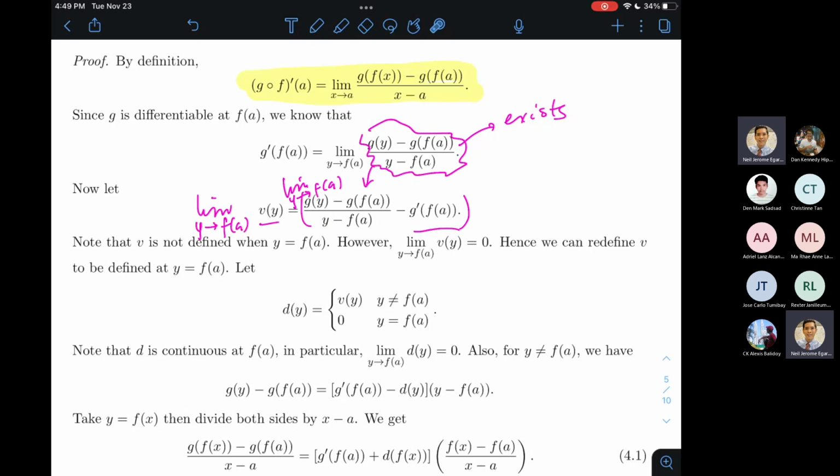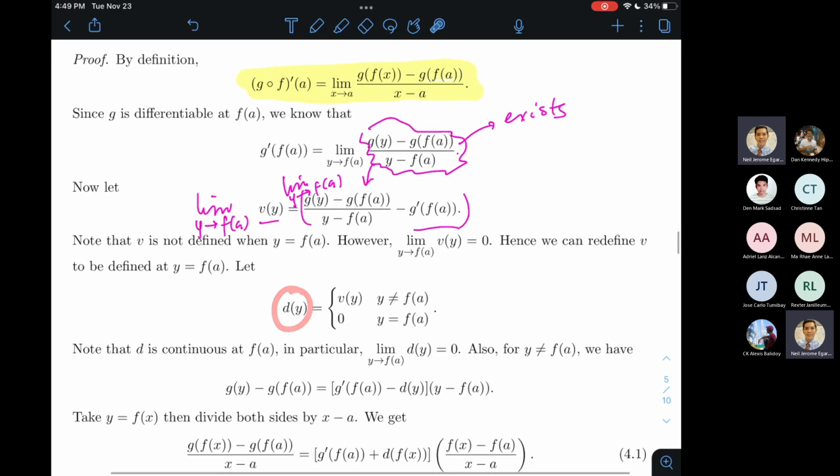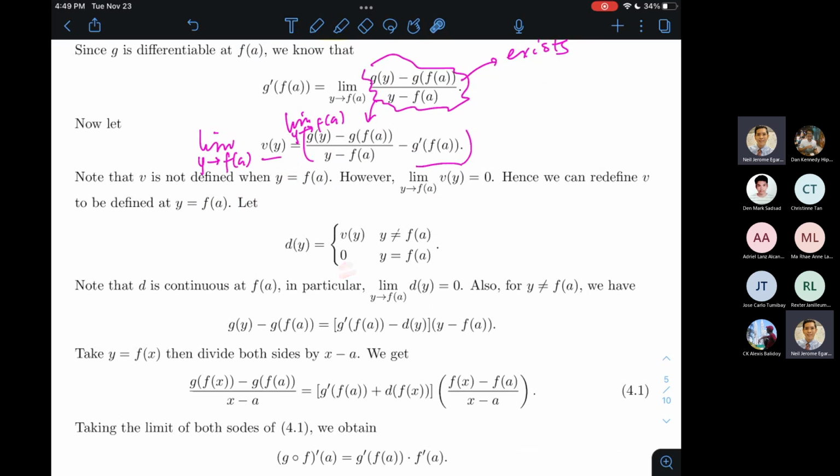But that can easily be remedied by redefining it to a function d, right? Si function d ay equals sa v kung si y ay hindi equal kay f of a, pero isa-set natin to be equal to 0, which incidentally is the limit when y is equal to f of a. And then this function d now is a continuous function.